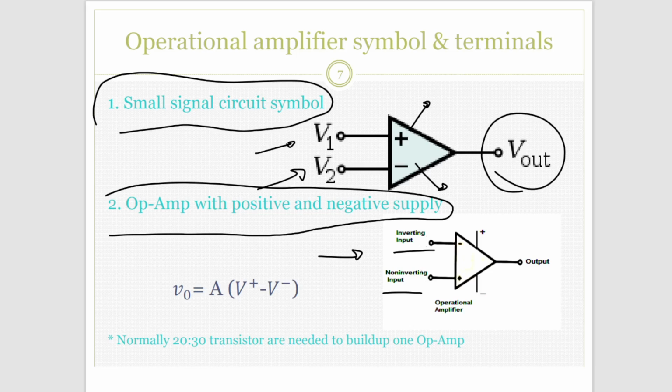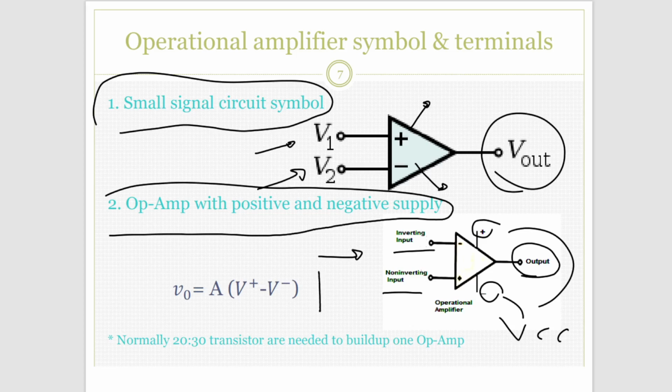We also have a positive and a negative pin, which go to the power supply. One goes to 5 volts or 12 volts, depending on the type of operational amplifier, and the negative goes to the ground. Here is the output, from which we take the amplified signal.